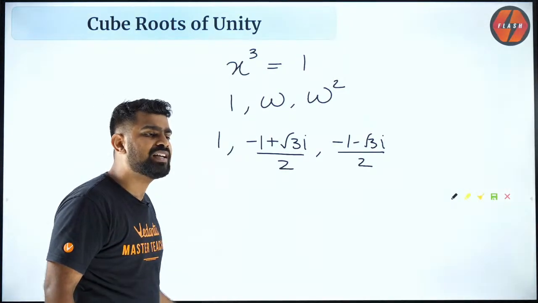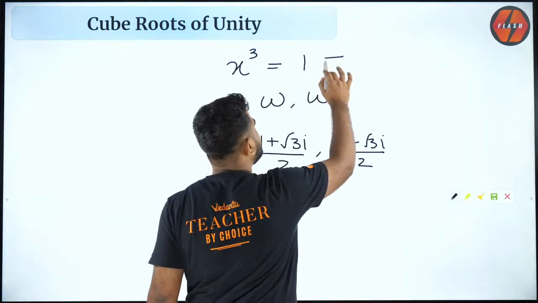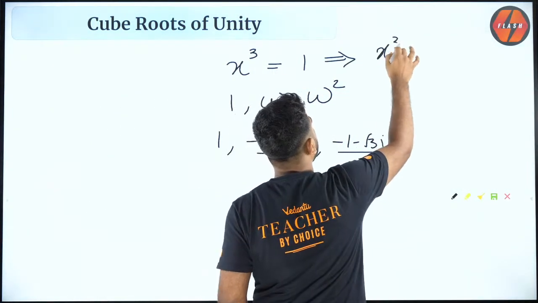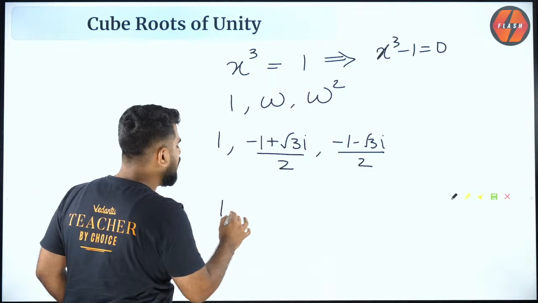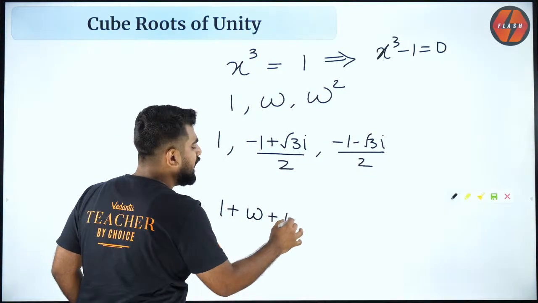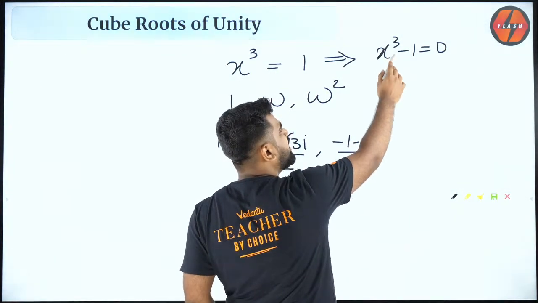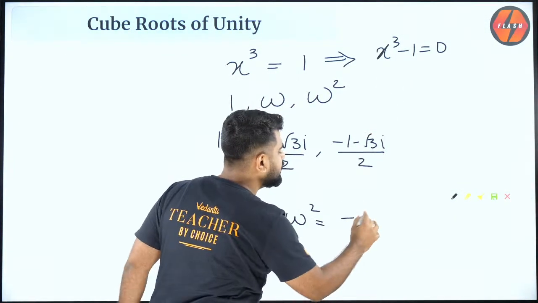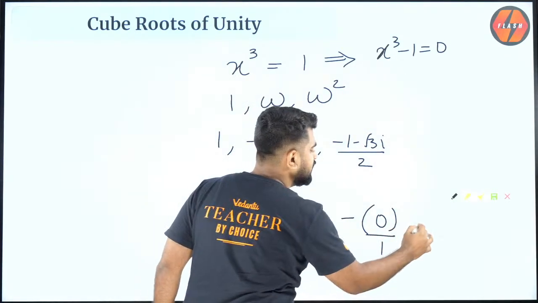Do you guys agree that the sum of the roots for this equation is 0? Because what is sum of the roots? Sum of the roots is minus b by a. Minus b by a means minus coefficient of x square. Minus coefficient of x square here is 0 by 1, which will be 0.